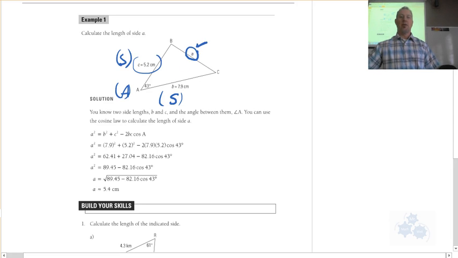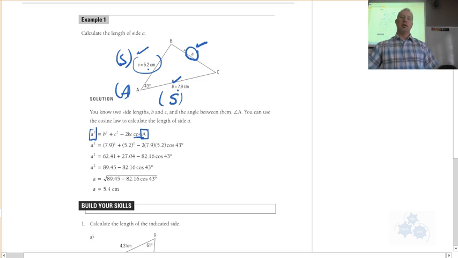And so you'd start off with a squared, all by itself on one side. And then the angle that's opposite the a is the cos of a at the end there. Then you do, like Pythagorean theorem, b squared plus c squared. And then you always do the minus 2 times b times c, and then cos of a.